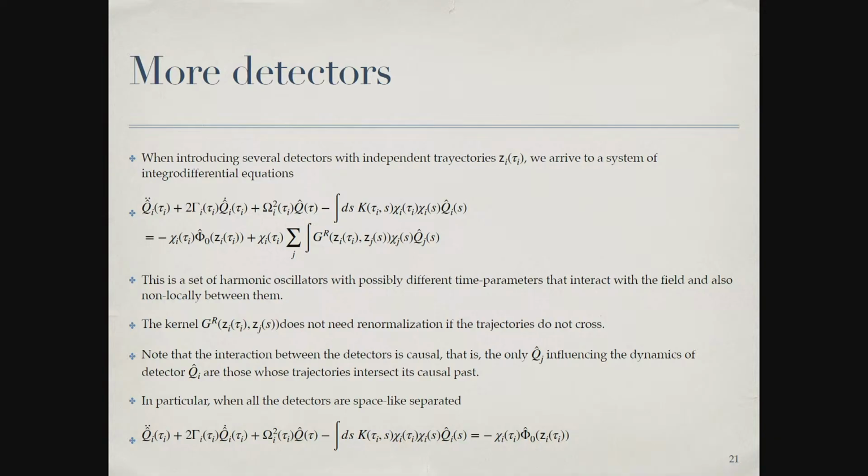So there's no causal phenomena here in the communication, as far as the communication between the detectors is concerned. And further, if all the detectors are space-like separated, then I get the same equation that I had for each of the detectors separately.